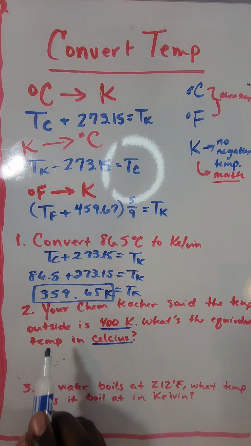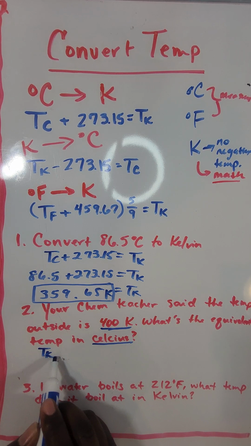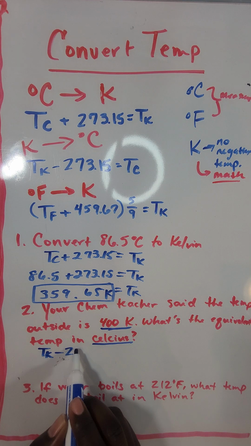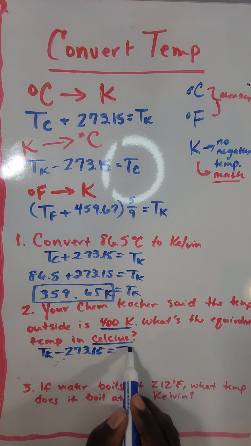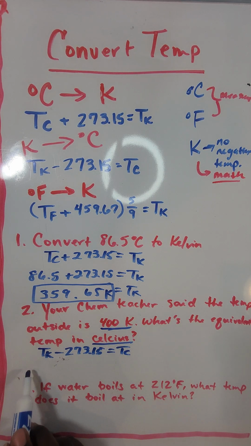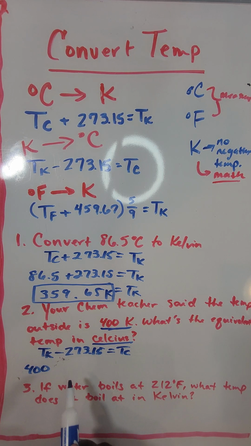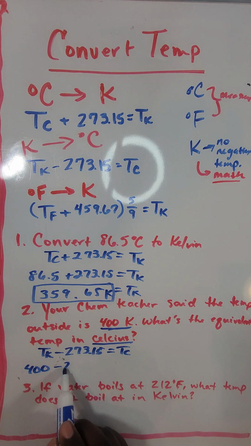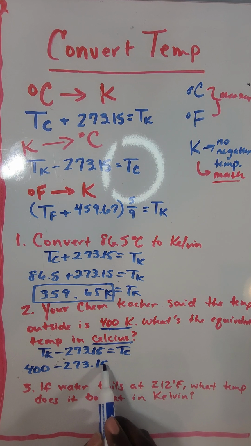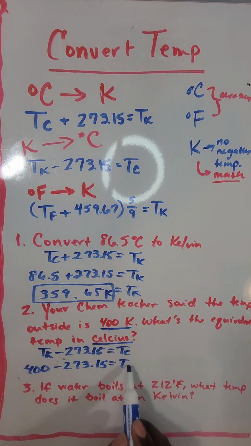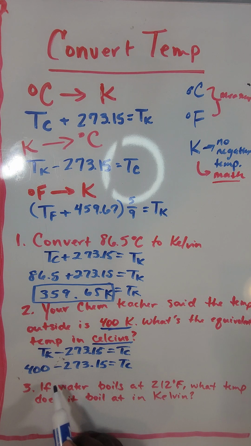So we'll go the temperature in Kelvin minus 273.15 equals our temperature in Celsius. So our Kelvin temperature is 400 minus 273.15, which is going to equal our temperature in Celsius. I didn't work these problems out before. I should have, but I didn't. So if my math is a little off, forgive me.